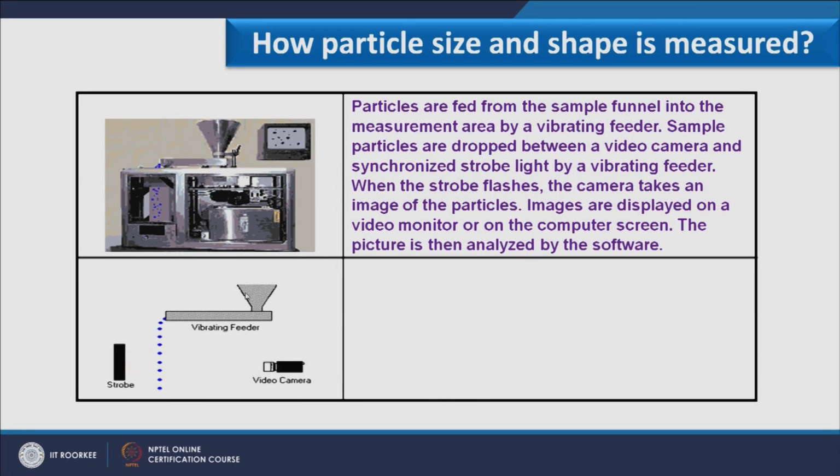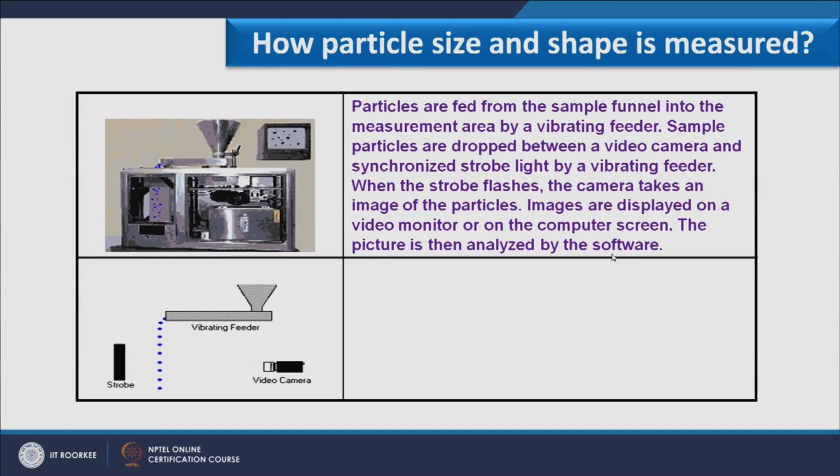Here you see the funnel and the vibrating feeder, and the material continuously falls into the analyzer. Now in this particular section, called the strobe, we have the video camera. This continuously takes pictures as particles fall between these two. So, sample particles are dropped between a video camera and a synchronized strobe light by a vibrating feeder.